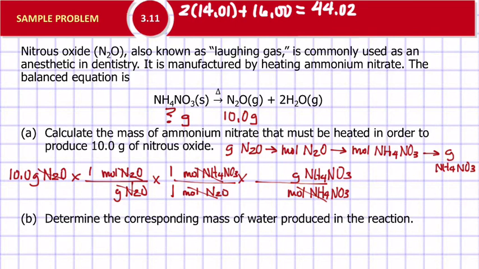So that means that 1 mole of N2O weighs 44.02 grams. And then I need the molar mass of ammonium nitrate. In ammonium nitrate, here it is, there are 2 nitrogens, 4 hydrogens, and 3 oxygens. So 2 nitrogens, 4 hydrogens, and 3 oxygens.